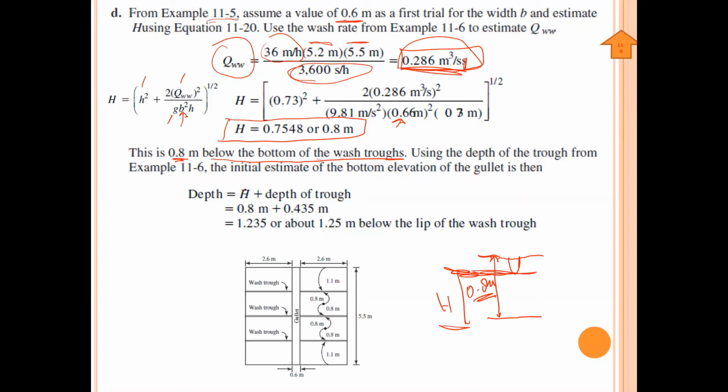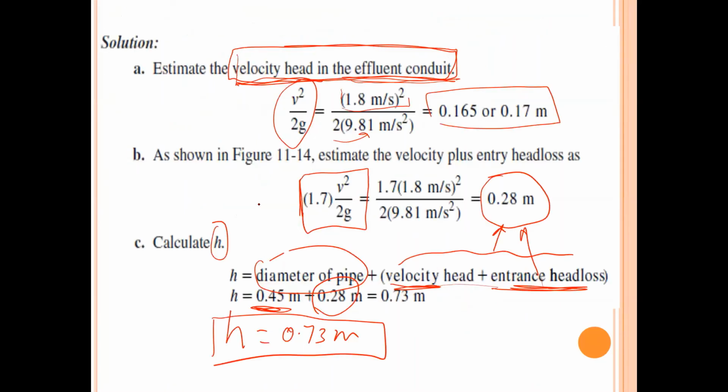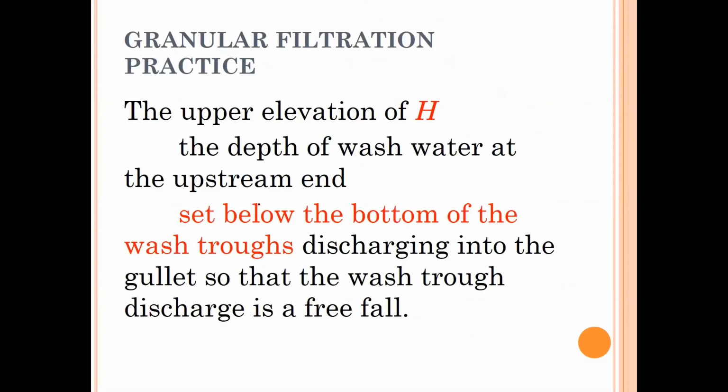So we can have now the depth is capital H plus depth of wash trough. So start from here, 0.8 plus 0.8, then plus this one. So we will have the total depth. This is H we calculated, and the depth of wash trough we also calculated in the last example.